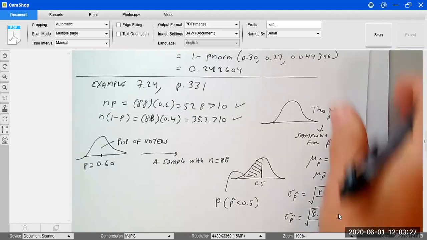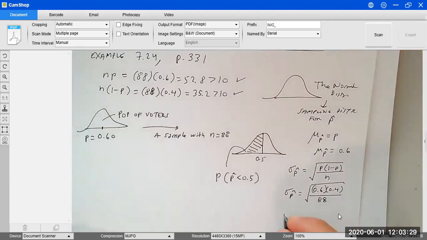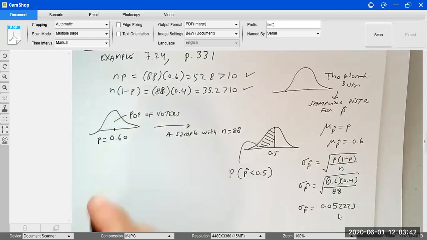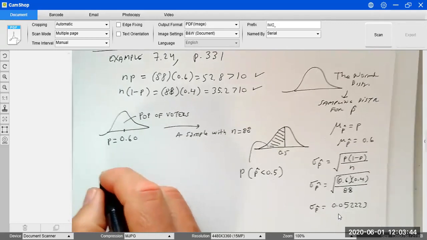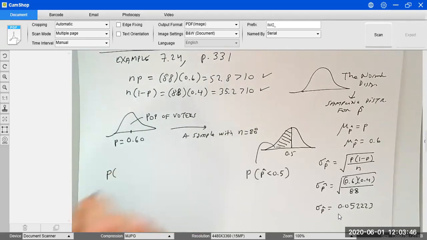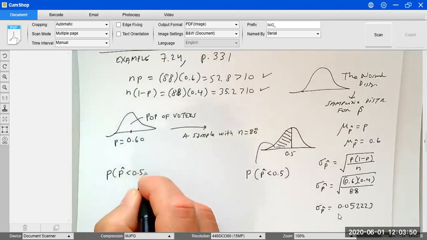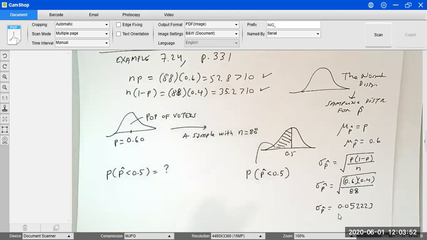So doing these operations, you're going to get a standard deviation for this distribution of 0.052223. So now we want to work on the probability that p hat is less than 0.5. So that's the purpose of this problem.